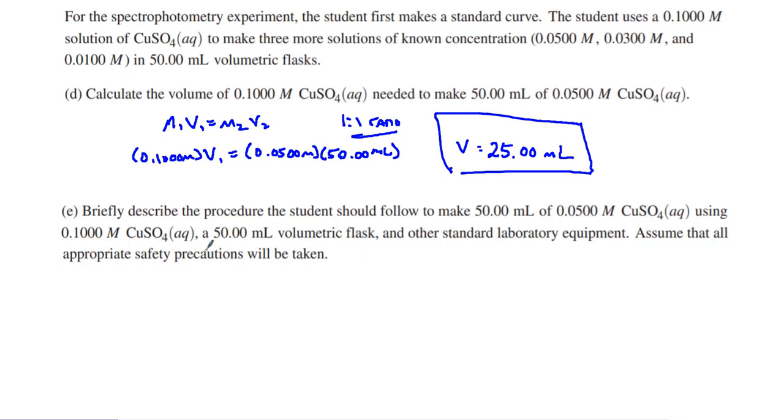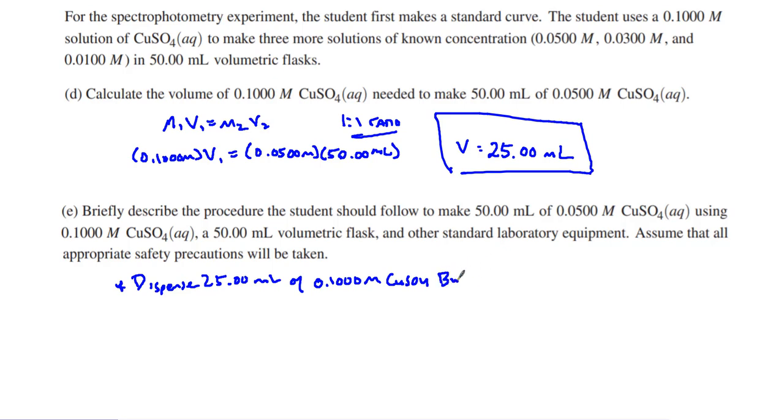And then a laboratory question to describe the procedure. My students have done this multiple times. They know their procedure. First thing, I'm going to dispense my 25.00 milliliters of the 0.1000 molar copper sulfate. How am I going to dispense it?